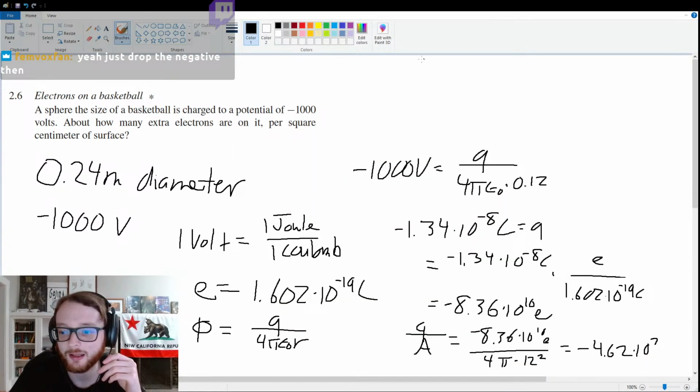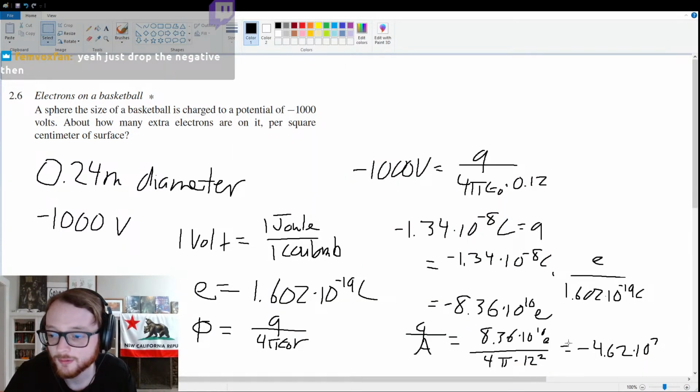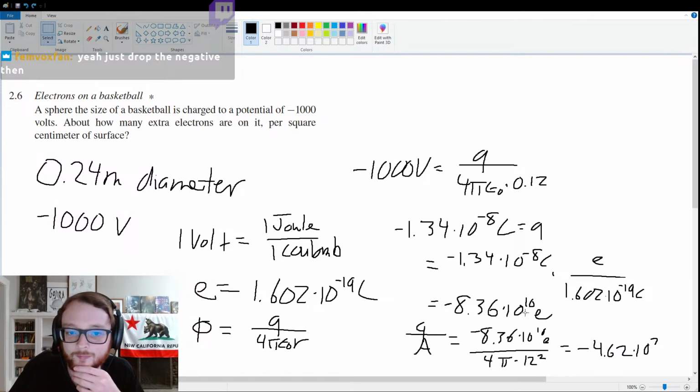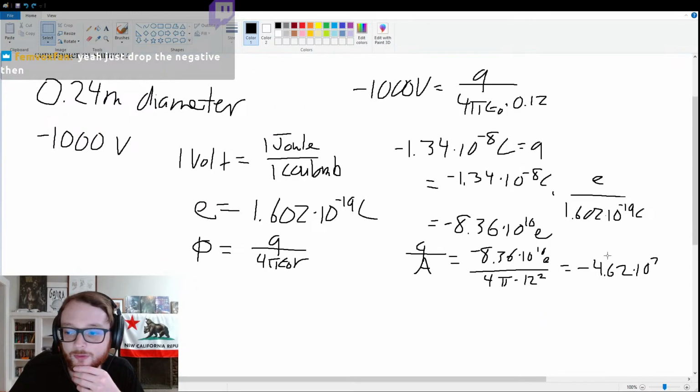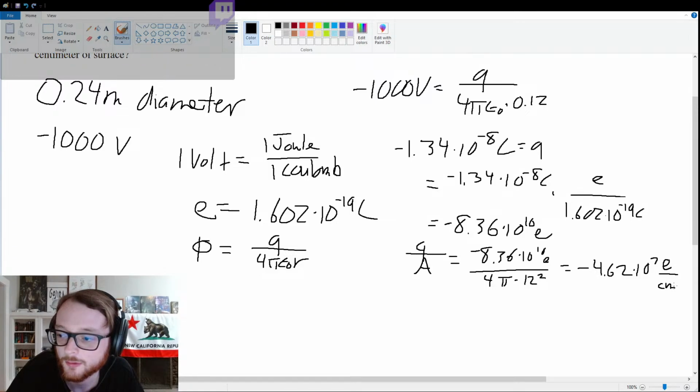I don't really care about the sign, but sure. I mean, this is the charge, so I'm not going to change this because this is technically right. But if we want the actual number of electrons down here, yeah, sure, let's drop the sign.